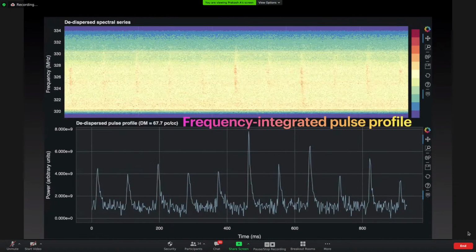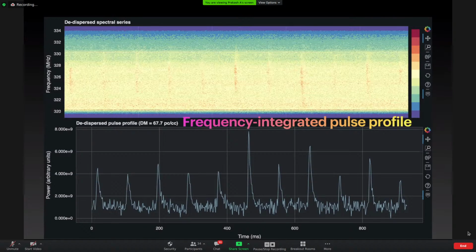So once we have that, now even with this plot, you can come up with the approximate period. That is the difference between the peaks, let's say. And what you have to do is fold it. Folding, essentially what it means is you use that period, the period between these pulses.